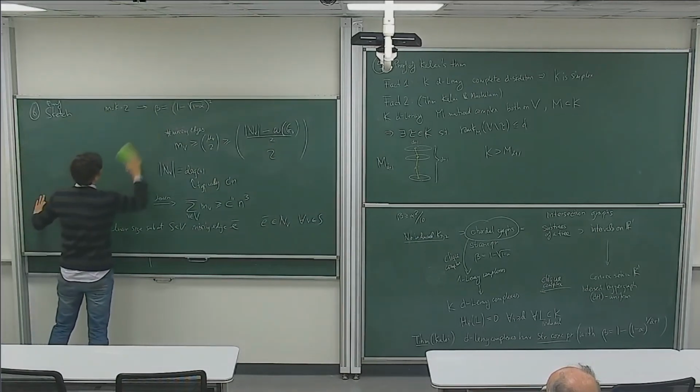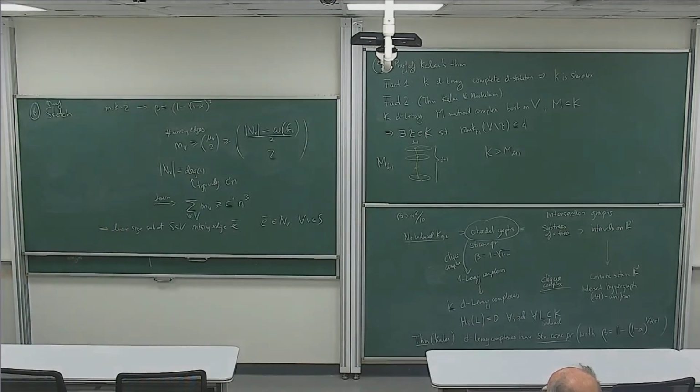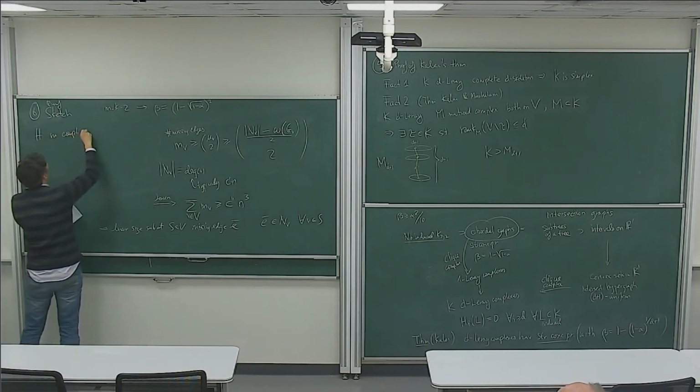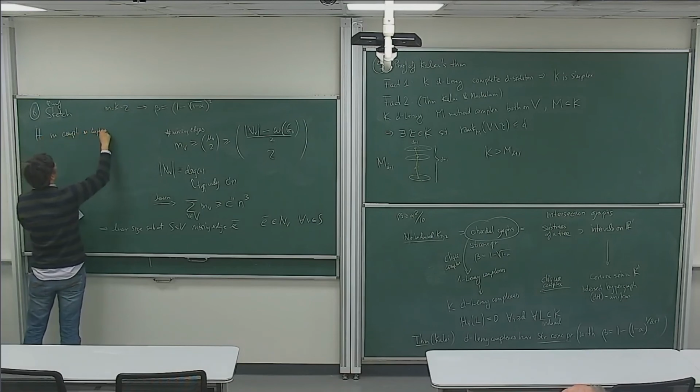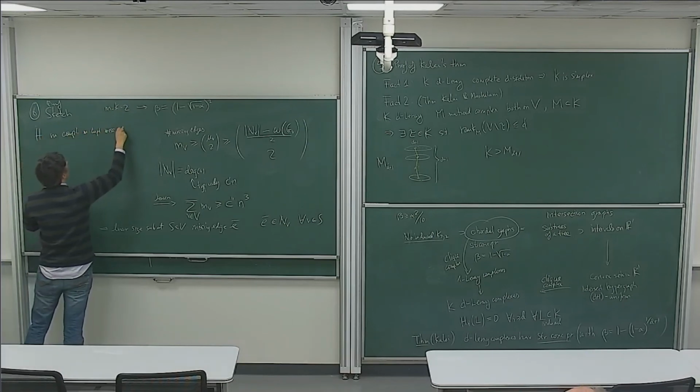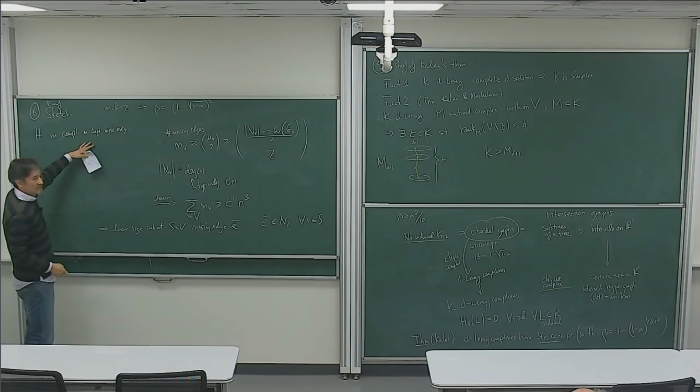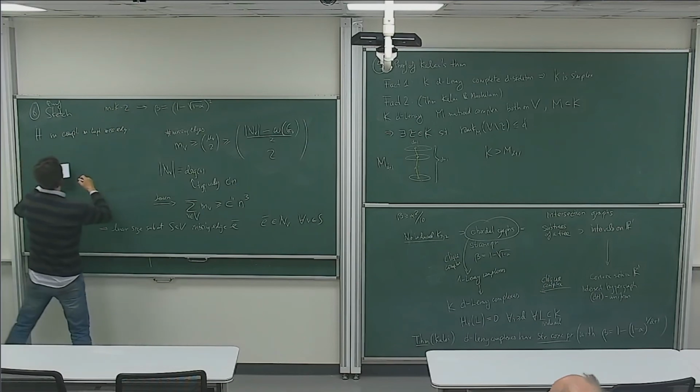So in the general case, you have your hypergraph H with no complete m-tuple of missing edges. You can do the same trick as I did before.